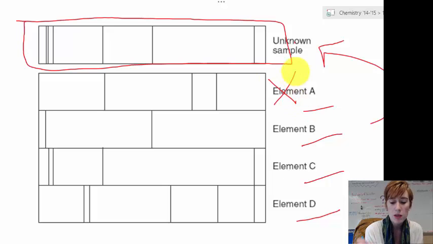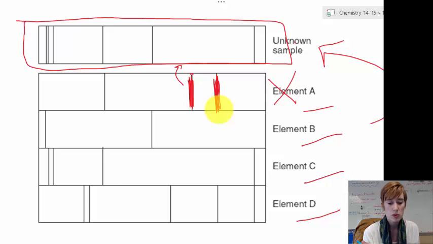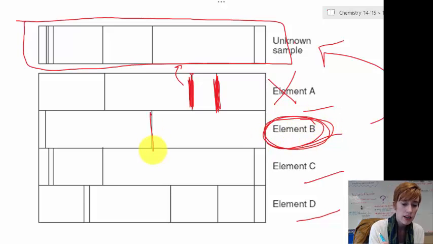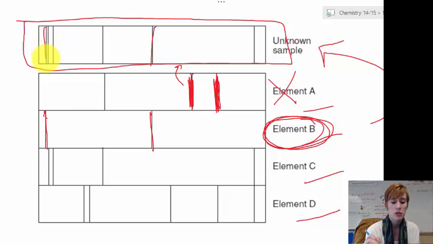I know it can't be element A because element A has a line here, and that line is not present in the unknown sample, so it can't be element A. And also, element A doesn't have this line in the unknown sample. However, if we look at element B, it could be in the unknown sample because this line is in the unknown sample and this line is in the unknown sample.